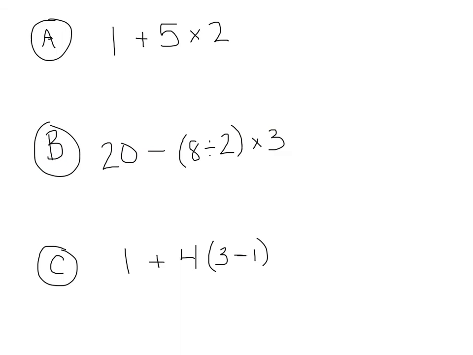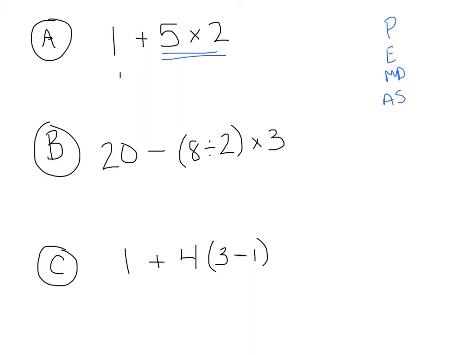A couple of examples just to walk through, always remembering, please excuse my dear Aunt Sally, even if it helps for you to write this in the upper corner just to make sure you're going in the right order. So let's look at letter A. Do I have parentheses? No. Do I have exponents? No. Do I have multiplication or division? Yes, I do, right here.